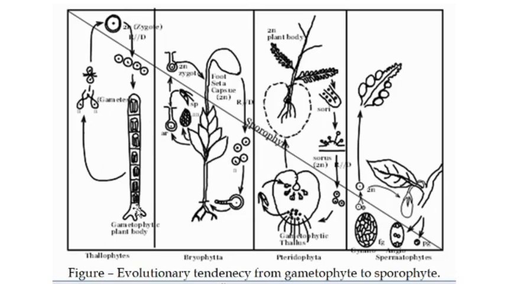This plant body is haploid. It is a gametophytic plant body, so it has n number of chromosomes. It produces isogametes that fuse together and generate a zygote, which is the diploid cell.